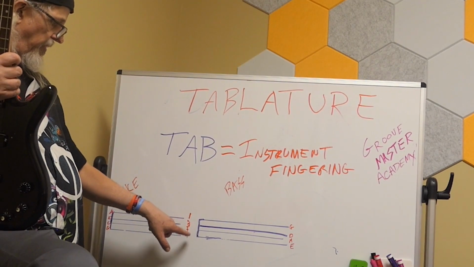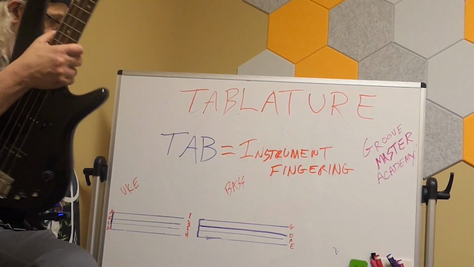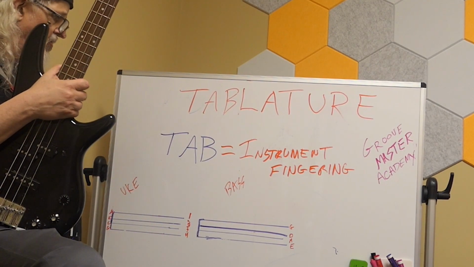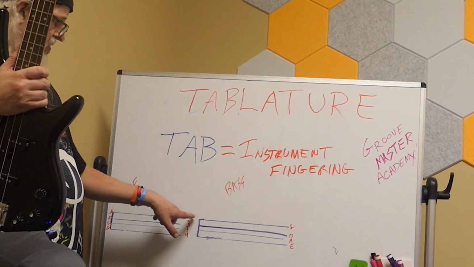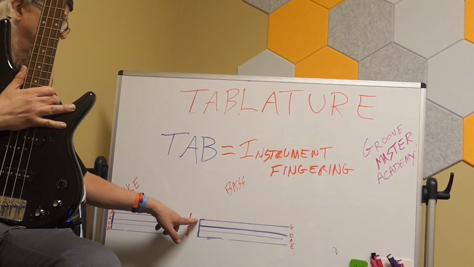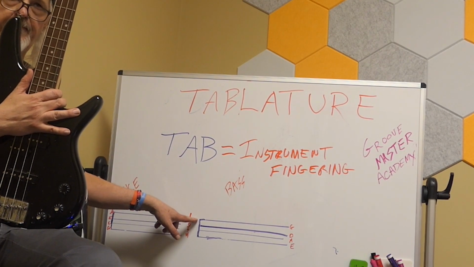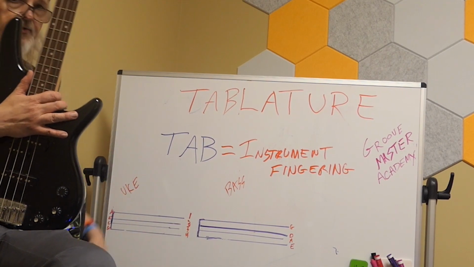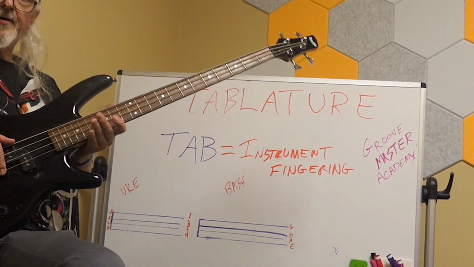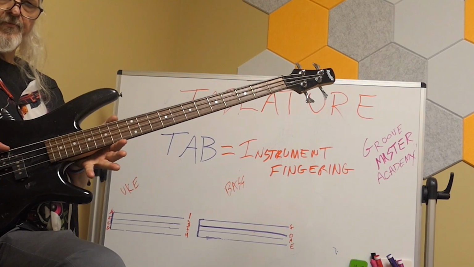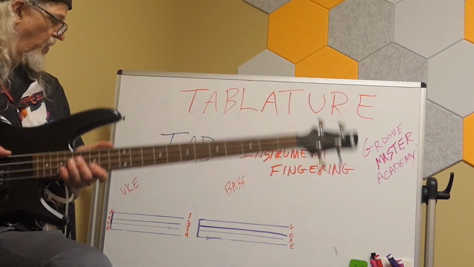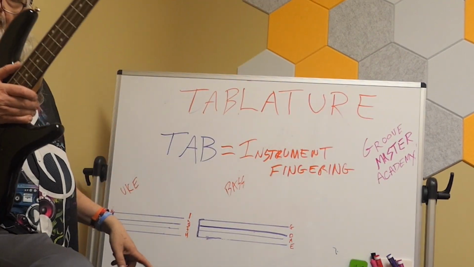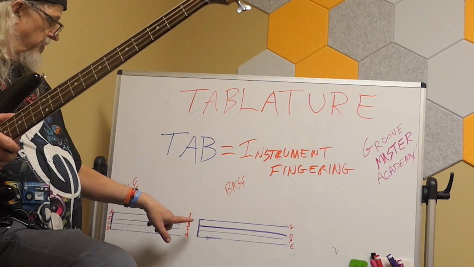Again, we have a 4-line tablature, 4 strings on the bass. Now the top line of the tablature is going to be the bottom string of the bass, or string number 1, just like the ukulele or all the stringed instruments.